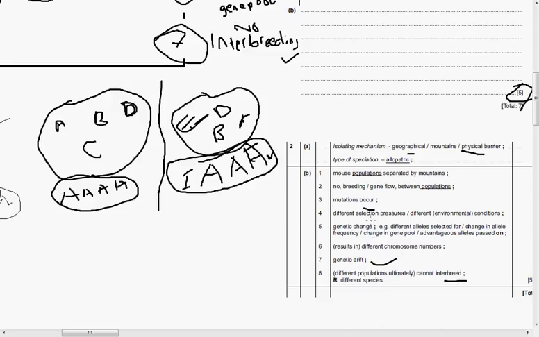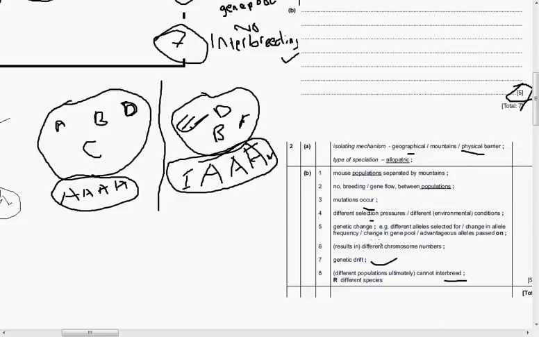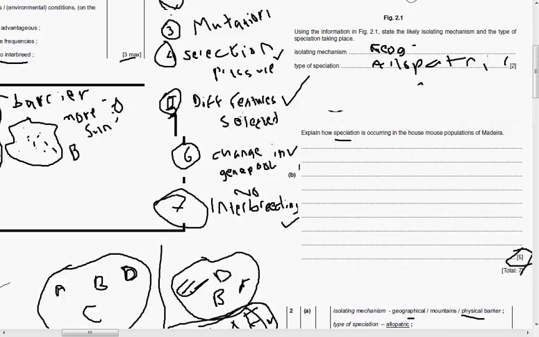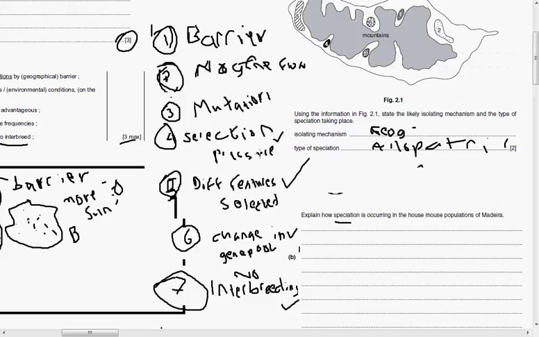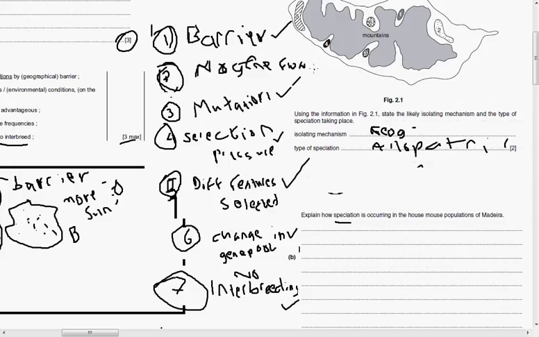If different features are selected for, it means there is change in gene pool, of course, and so there is mutation, right? The first one, the barrier: over here we can see there is a mountain barrier, so there is no gene flow.